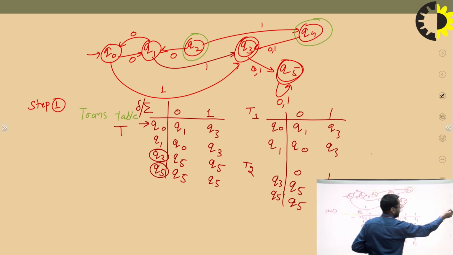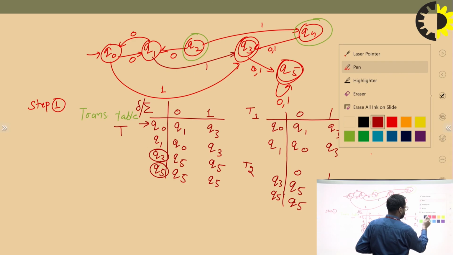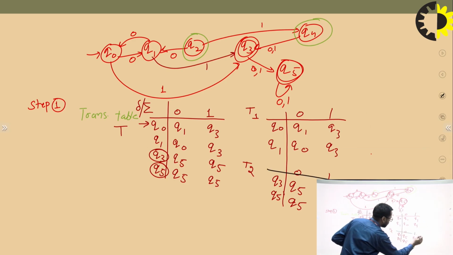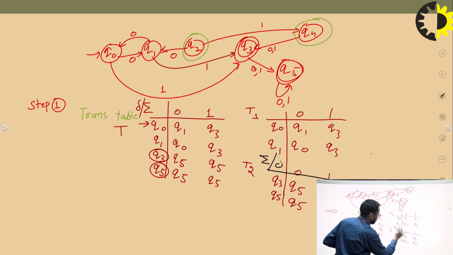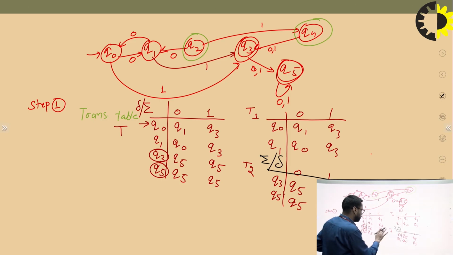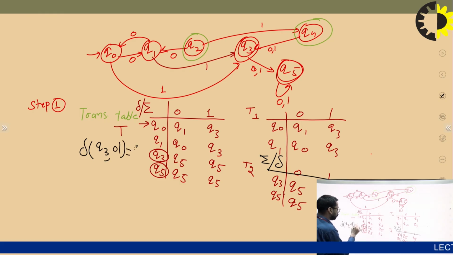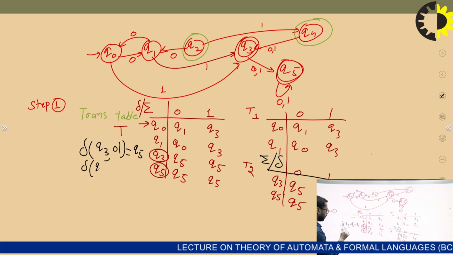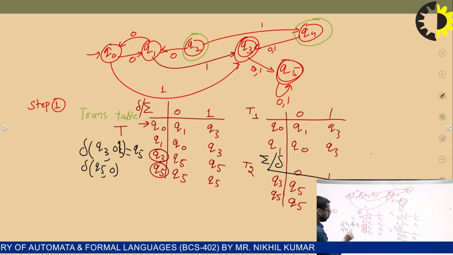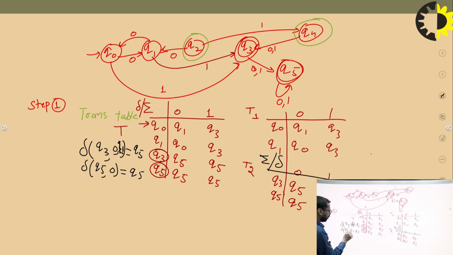The important thing to notice here is that when we check the T2 table, the transition function for Q3 after applying input symbol 0 goes to Q5, and for Q5 after applying input symbol 0 it goes to Q5, and it also goes to Q5 for input symbol 1.